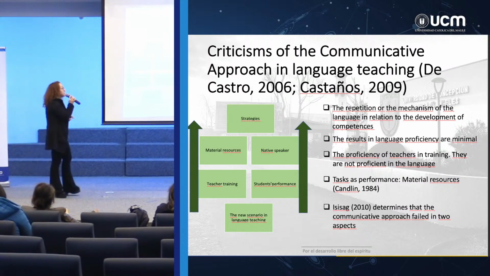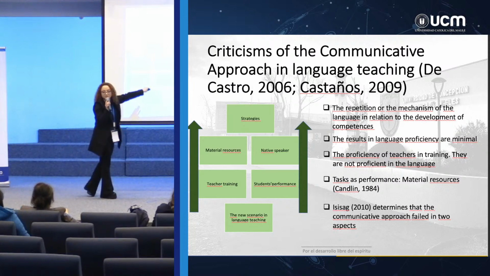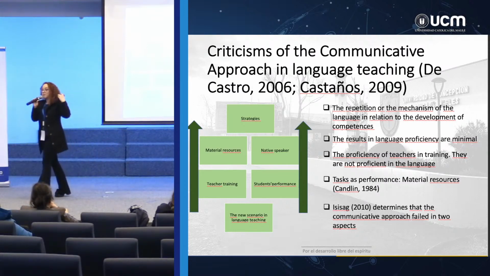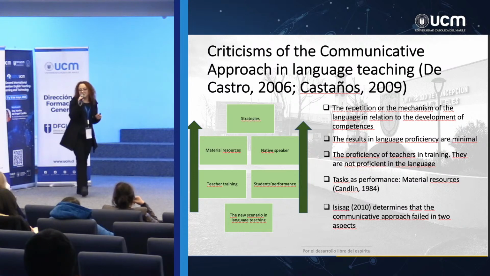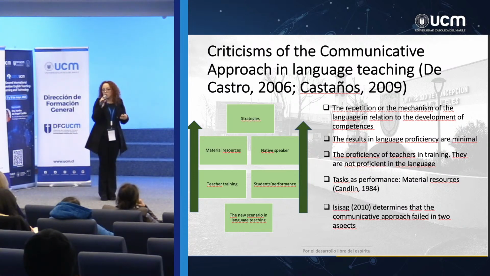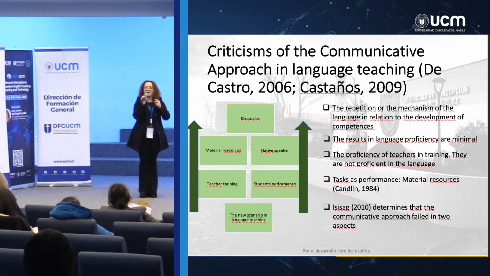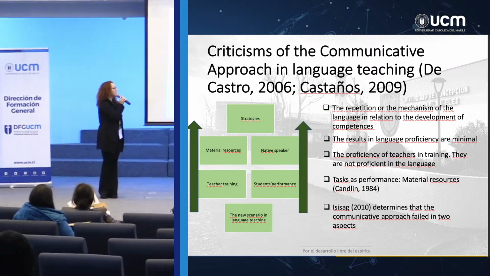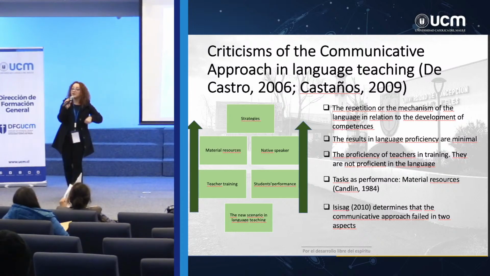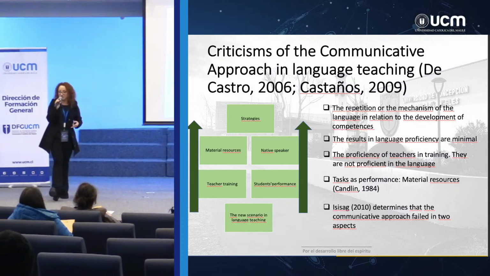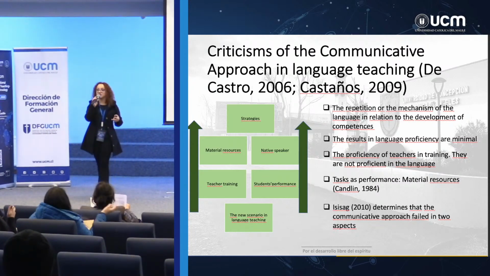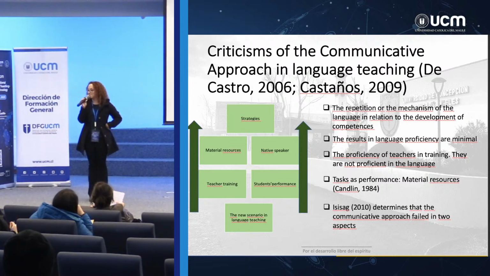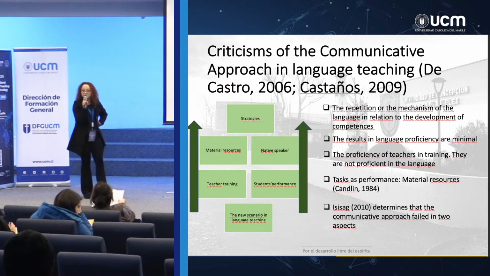The other criticism was the one of the native speaker. The idea that we had, according to the communicative approach, was to develop students' competences according to a native speaker, or native speaker-like. It was very interesting, but could we do it? Another criticism is about strategies. How do we teach grammar? How do we teach vocabulary? Do we use communicative strategies?